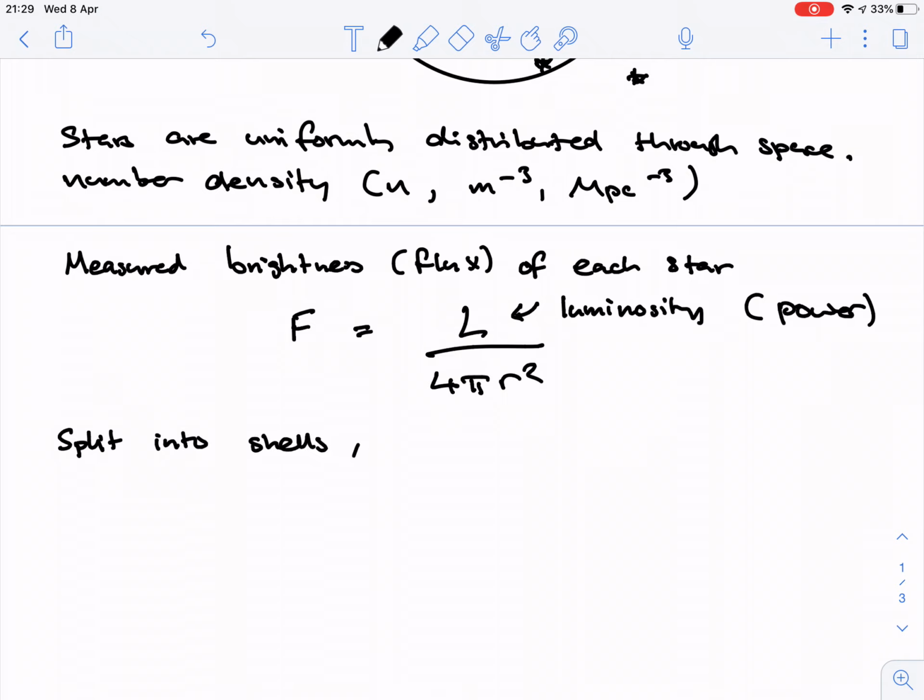And then I can look at the number of stars per shell, and that is just the number density, n, times the volume of the shell, which is 4 pi r squared, the surface area of a sphere, times the width of the shell.